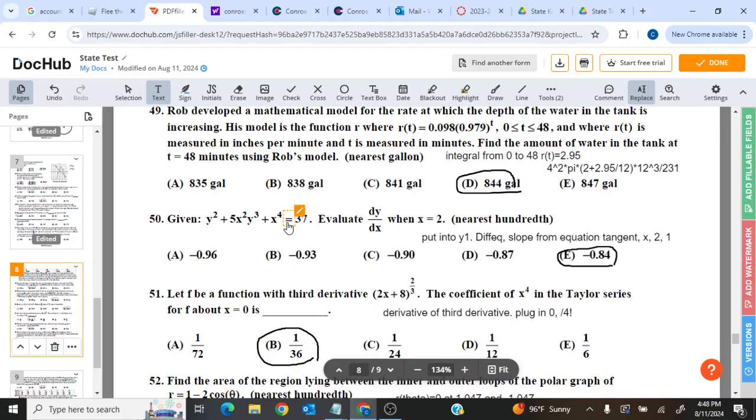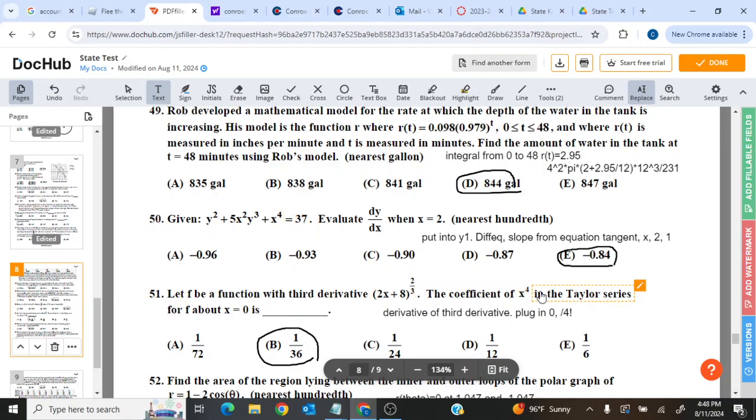51. Let f be the function with the third derivative (2x plus 8) to the power of 2 over 3. What is the coefficient of x to the power of 4 in the Taylor series for f about x equals 0? Well, that's going to be the derivative of your third derivative, because that's how Taylor series works. This is your third derivative.